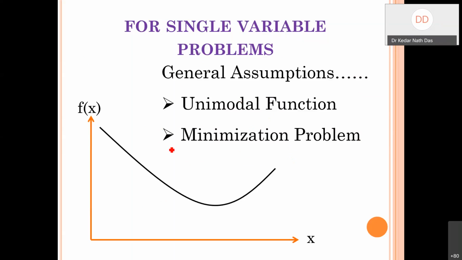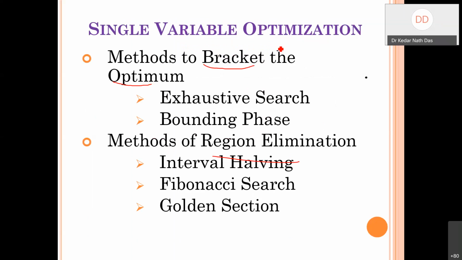Now look at this function. All these methods I am going to discuss one by one in a very lucid and brief way, so that you can have an overall idea of how single variable optimization techniques can be applied.